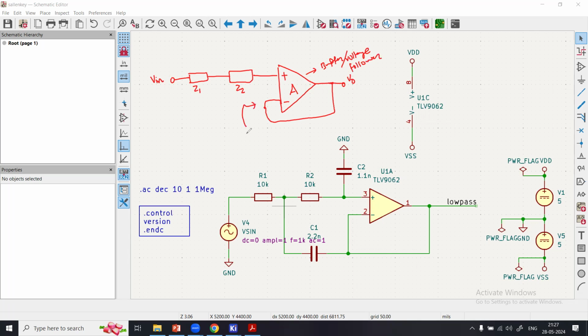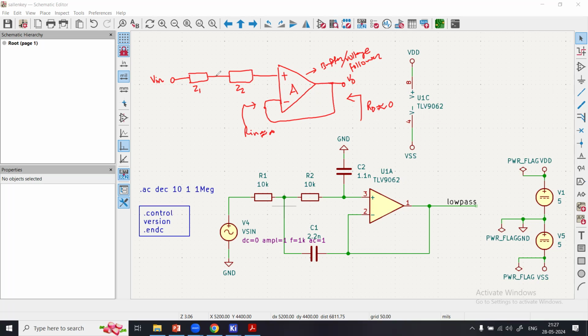The input impedance of this is ideally approximately infinity, and the output impedance of this amplifier is approximately zero, ideally. So very high input impedance, very low output impedance. So it's useful for impedance matching, and this feature adds to the performance of the filter.